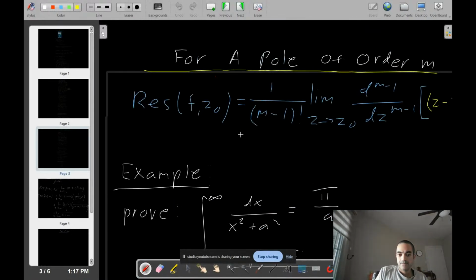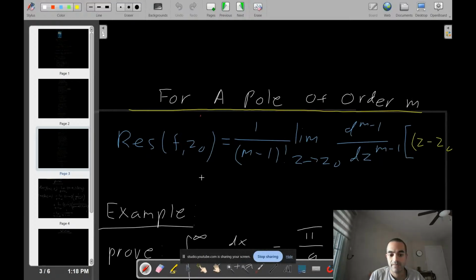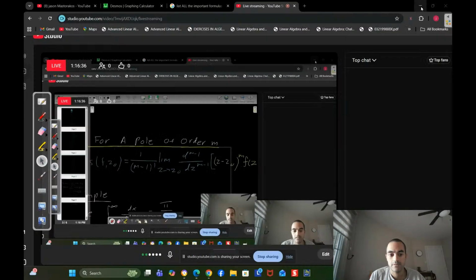All right, so if you have to deal with an order greater than 1, when it comes to your complex number, you're going to use this formula. The one that's highlighted in blue, if that makes sense.